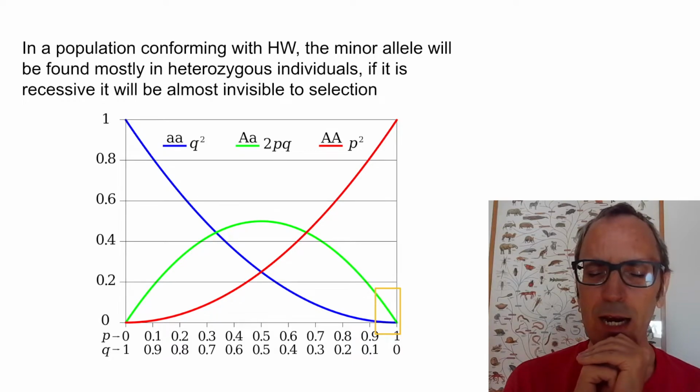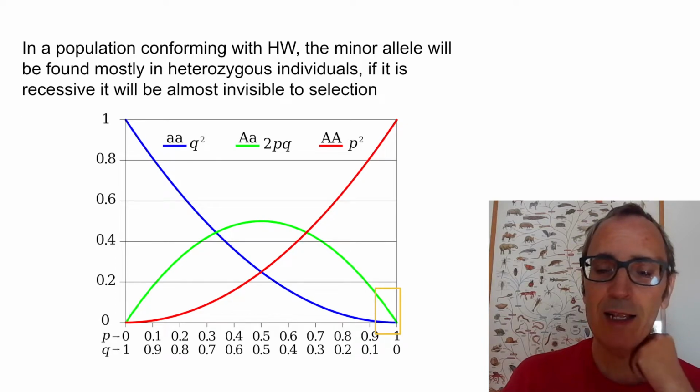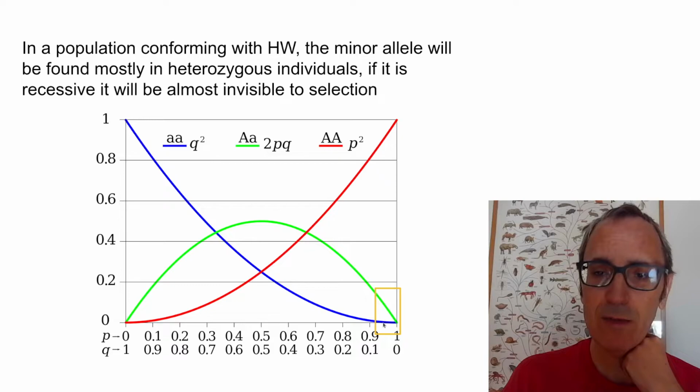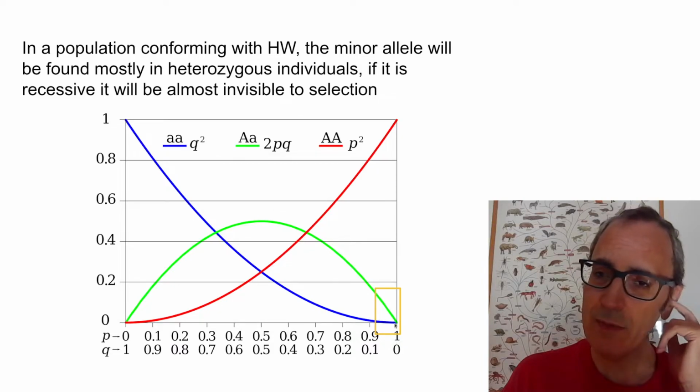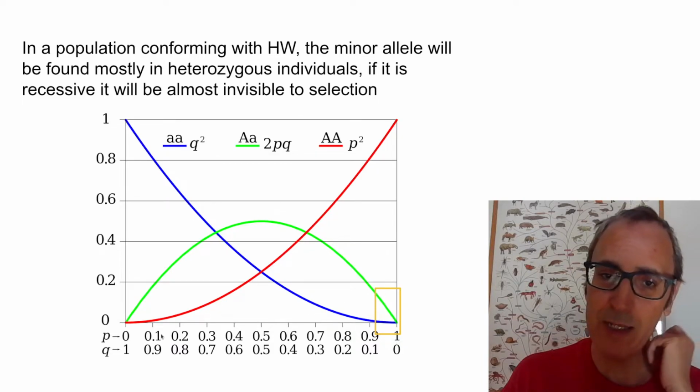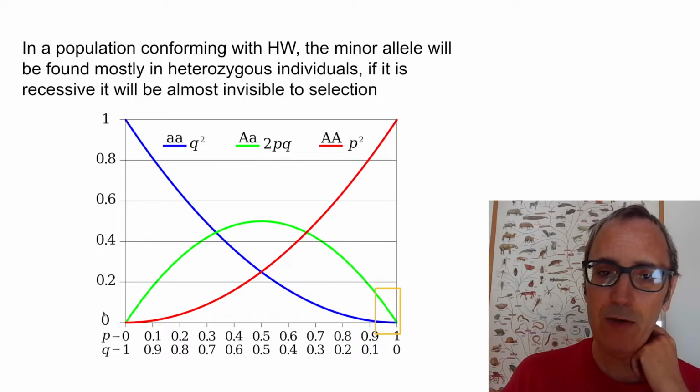One conclusion of Hardy-Weinberg is that when you have alleles in low frequencies, for instance, in this part here we are representing p and q in the x-axis, and in the y-axis the genotypic frequencies.